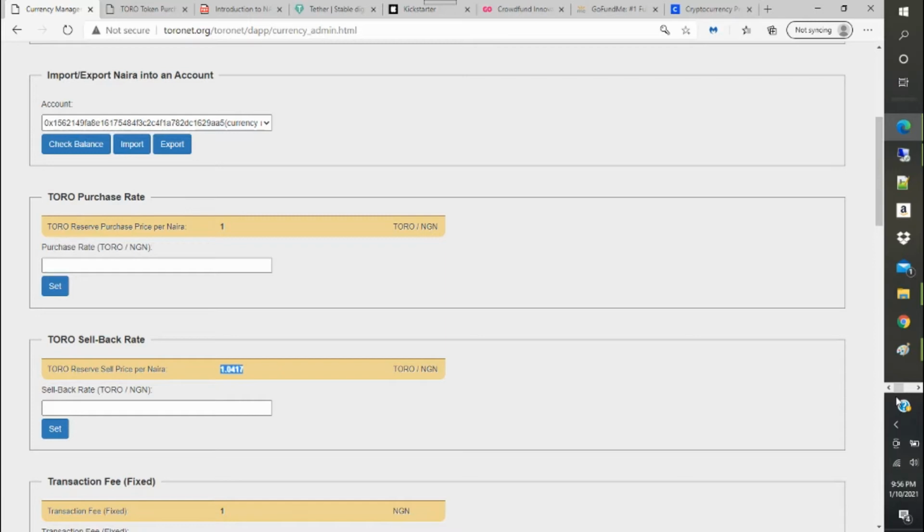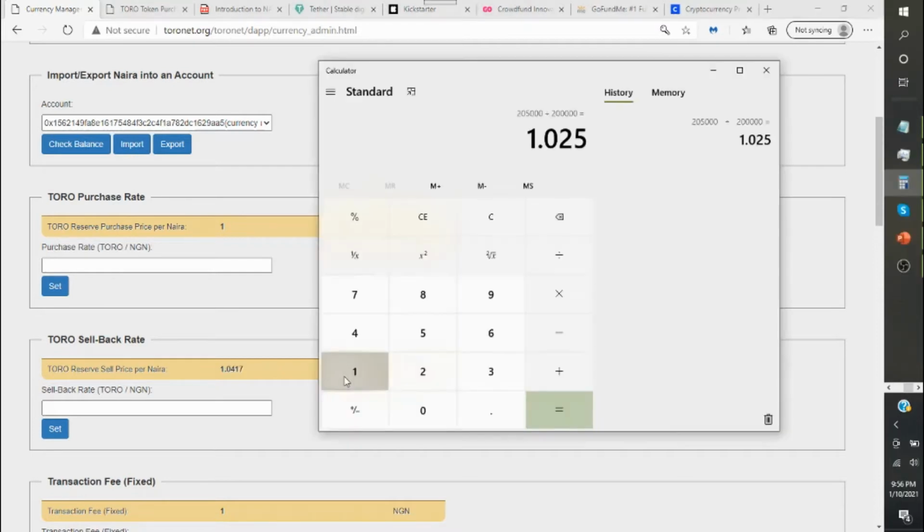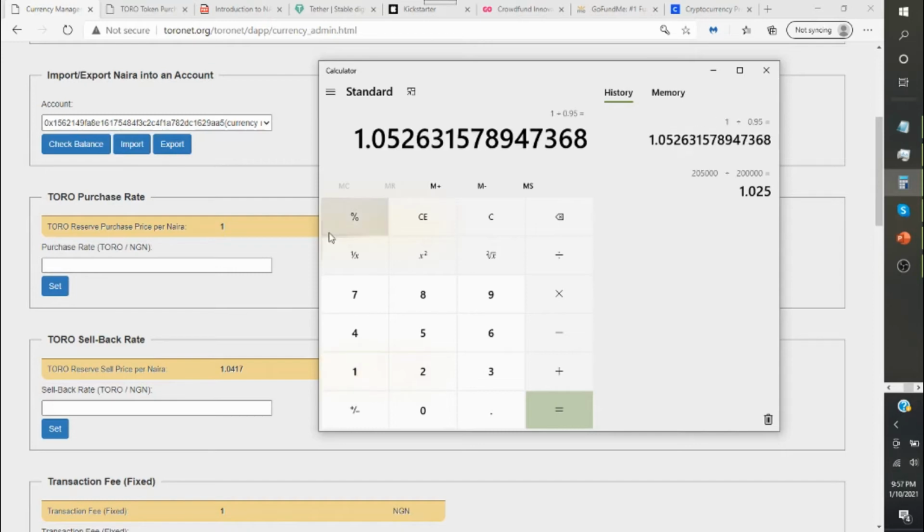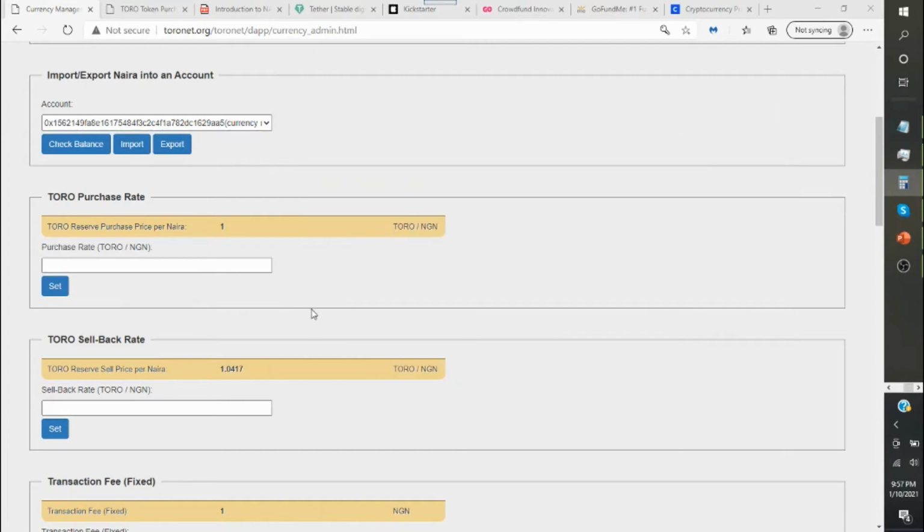I could do that. 95 cents, sorry, 0.95. Let's clear all this. Divided by. Okay, so the selling price, okay, this is fine, will be 1.0526. So we're gonna put that in there.